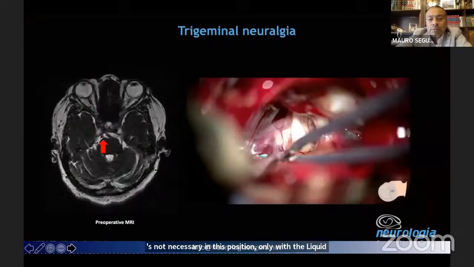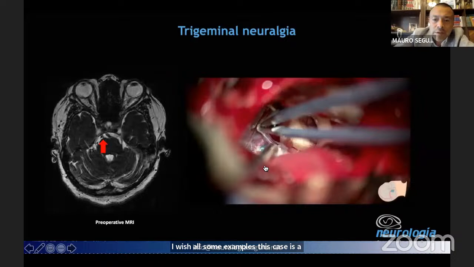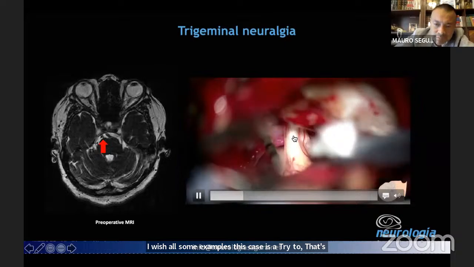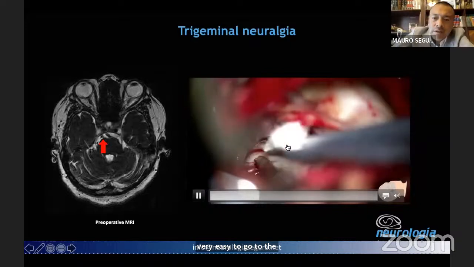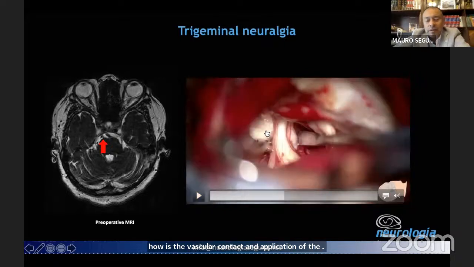I will show some examples. In this case, it's a right trigeminal neuralgia. It's very easy to go to the anatomical area described before. You can see clearly the vascular contact and the application of the Teflon. And one point: I guess this is an old video taken by me and my colleague, but in recent years, we prefer to use less Teflon and to place it away from the nerve.